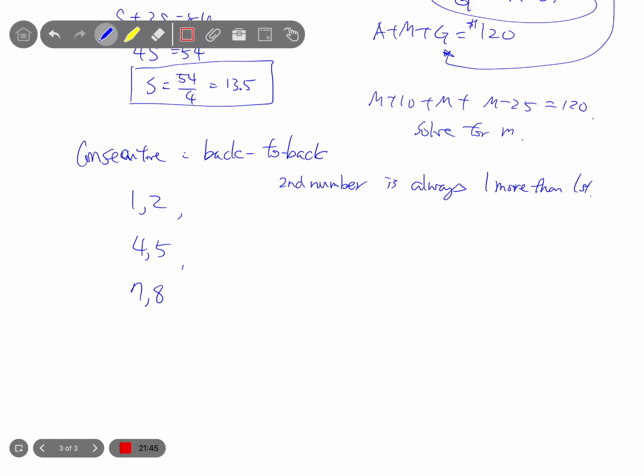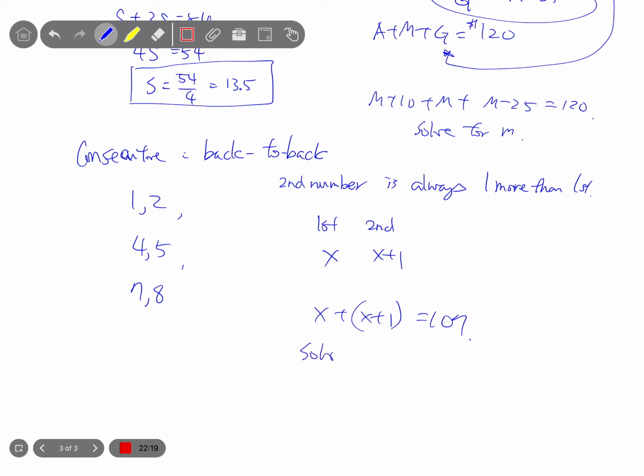So for our setup, if we don't know what the first number is, we call it x. The second number is always x plus 1, because the second number has to be one more than the first one. So now let's put this together. The sum of two consecutive integers is 107. The sum means I need to add them together. So x plus x plus 1 equals 107.